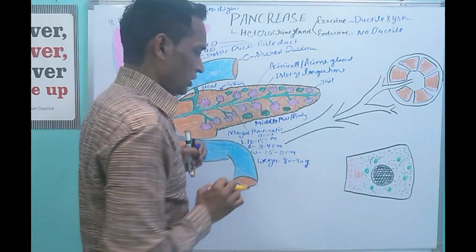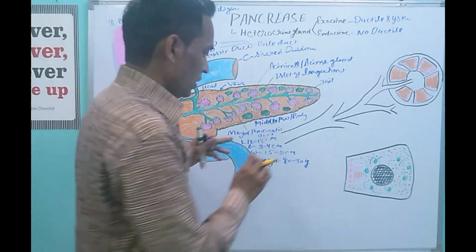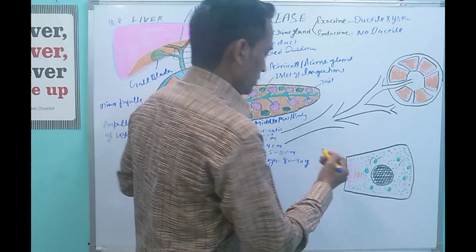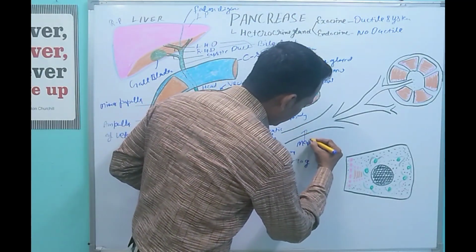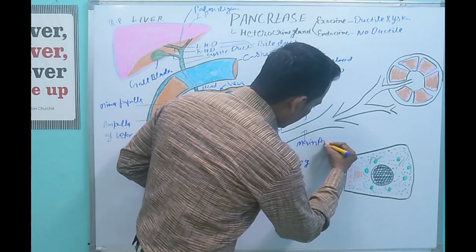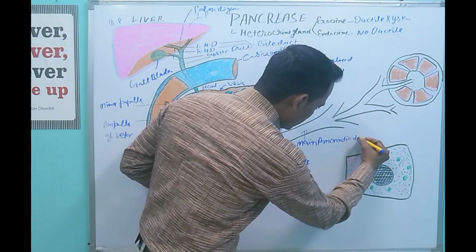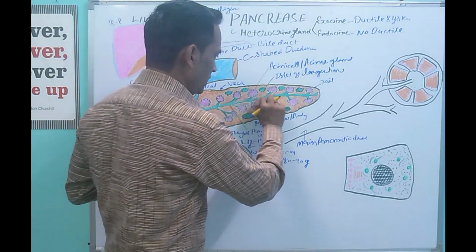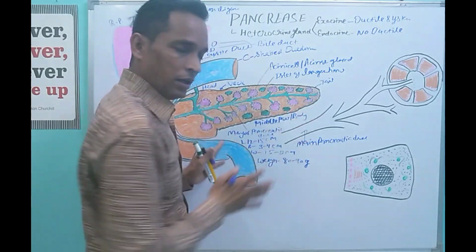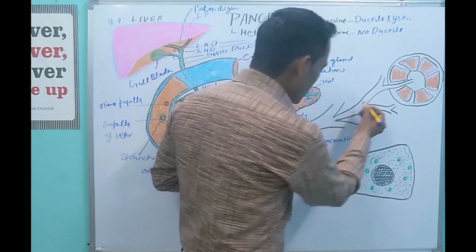Now we are discussing, first of all, what is the ductal system? So the starting of the main duct. So this is the main pancreatic duct. The main pancreatic duct runs from one point, widening and branching throughout the pancreas.